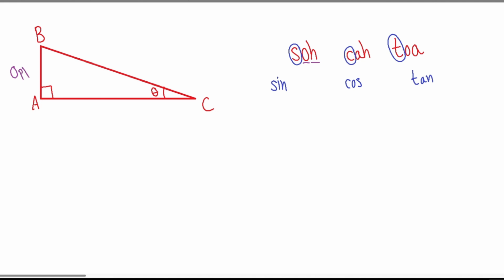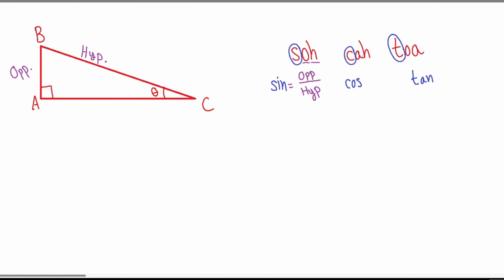The hypotenuse would be BC because it is opposite of the right angle. So the sine would be the length of the opposite side over the length of the hypotenuse. So that would be sine of angle theta.